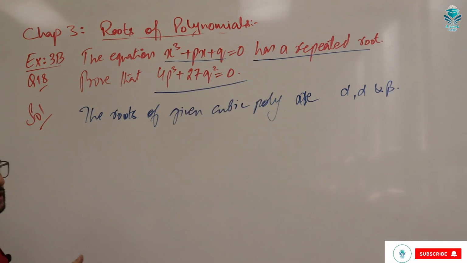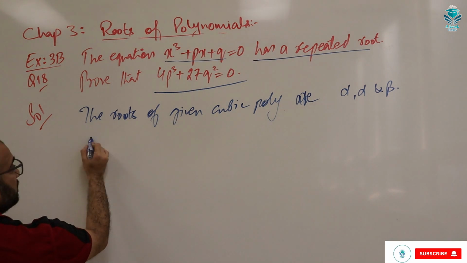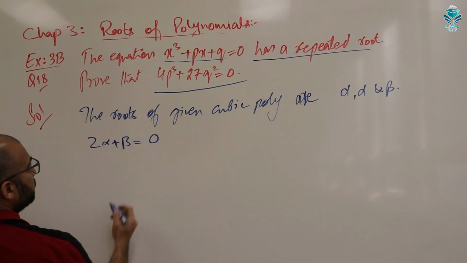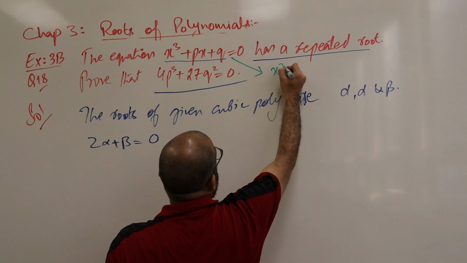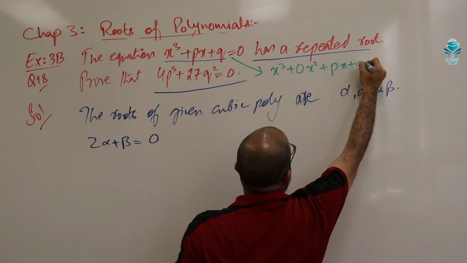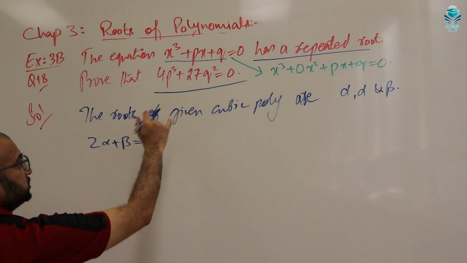Since by the relation of sum of roots and the coefficients of the polynomial, we can write the sum of the roots 2 alpha plus beta is 0, because if I rewrite this equation, x cube plus 0 x square plus px plus q is 0. So the sum of the roots is 0.